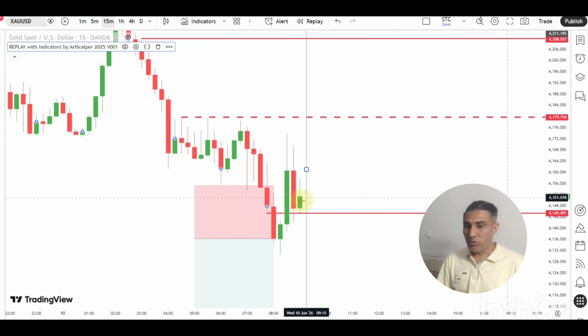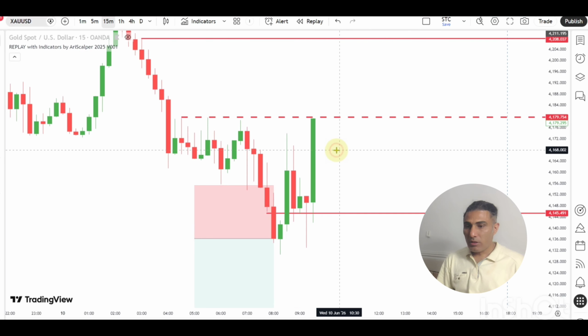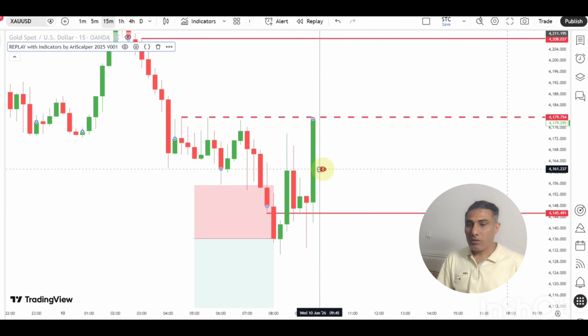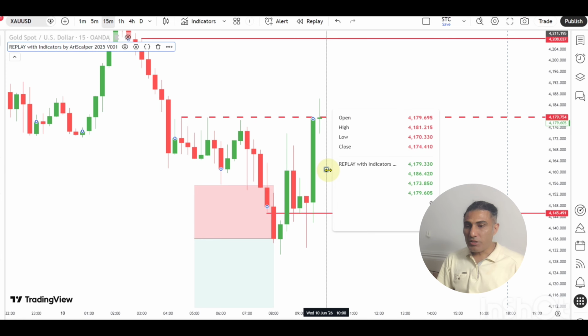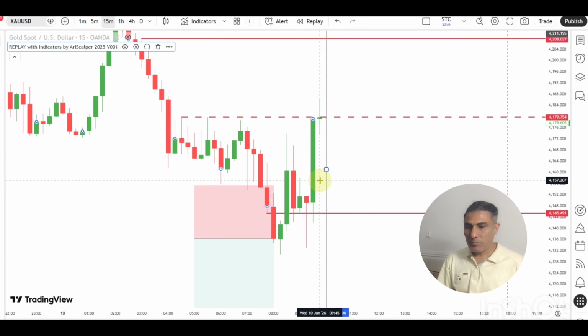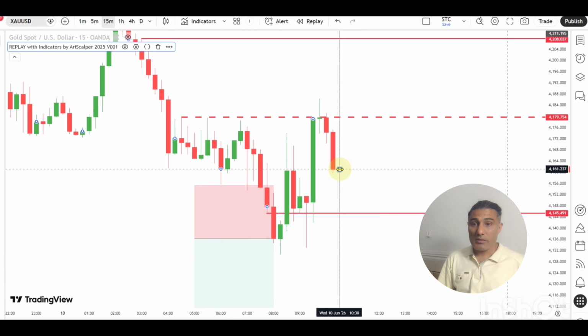See, it falls back to the low, a pin bar, and price gets to this level very strongly. But wait, a dodgy red candle, a second red candle.